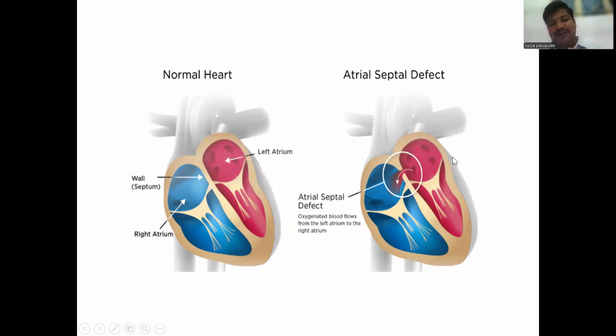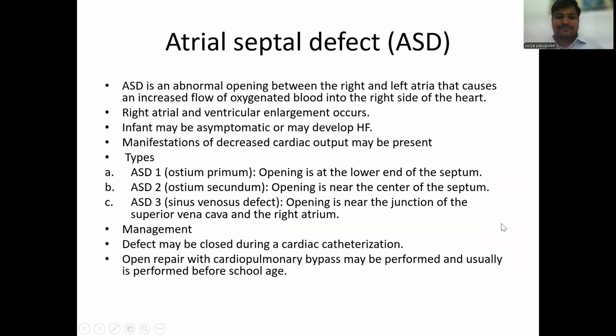There will be a left to right shunt that increases the blood flow to the lungs, because the oxygenated blood from the left atrium moves into the right atrium. From the right atrium, the blood moves into the right ventricle, and from the right ventricle, the blood automatically moves to the lungs. So this causes increased blood flow to the lungs.